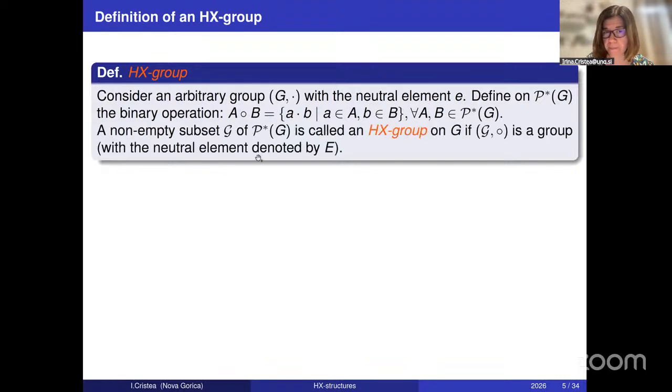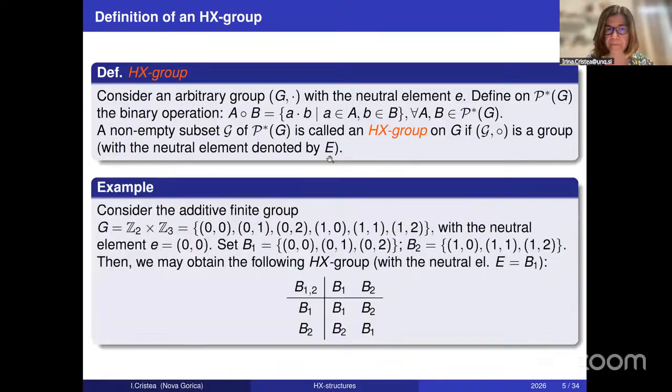A non-empty subset of P*(G) is called an HX group if, with the operation defined before, it is a group with the neutral element denoted by capital E. So the small e is for the initial group G and the capital E is for the HX group.